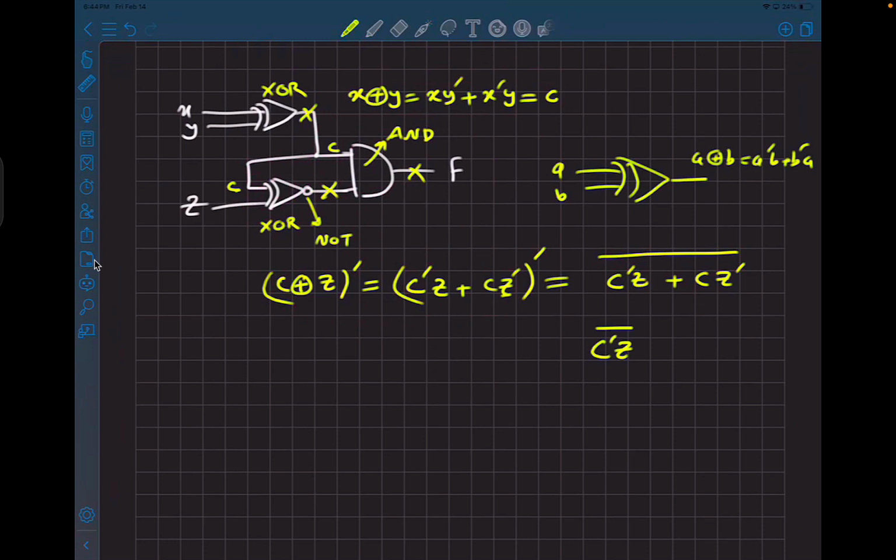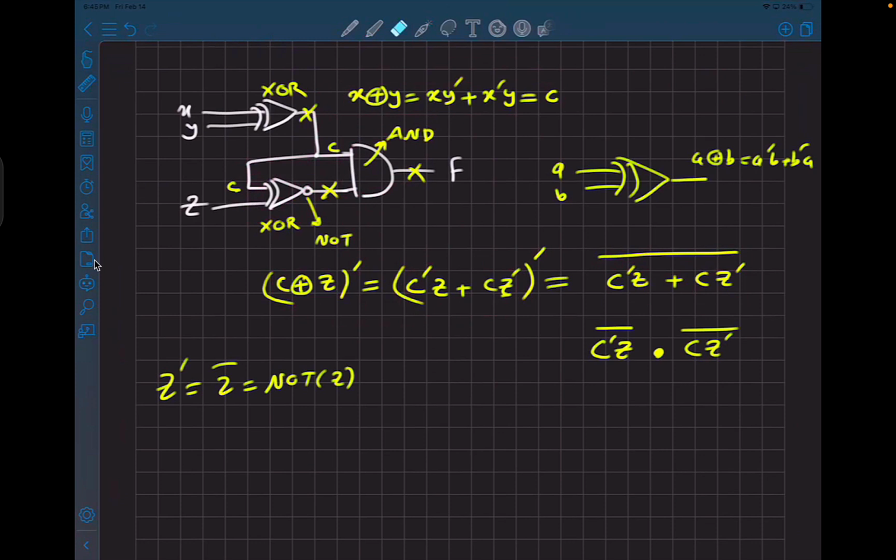The addition or becomes and, and CZ bar becomes CZ bar on top of that. Prime Z bar equals to Z bar, Z prime equals to Z bar equals to NOT of Z. So whenever I use bar or prime, those are coming with the same concept, NOT of something.